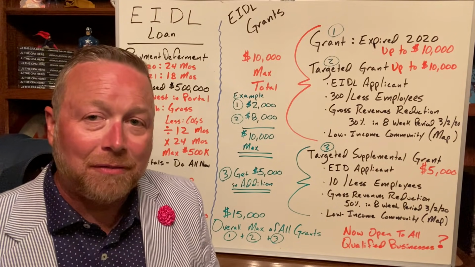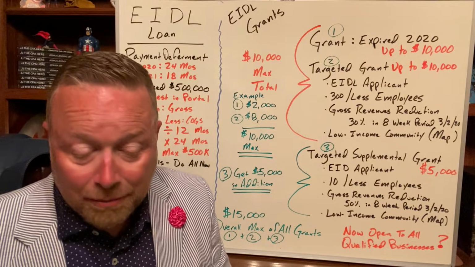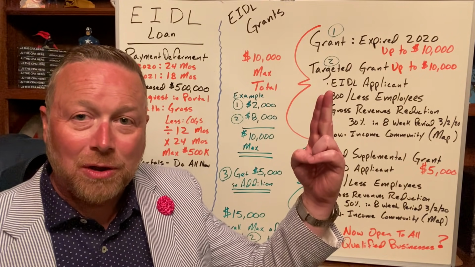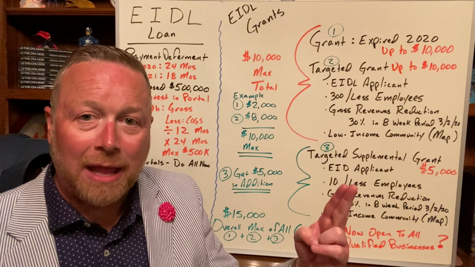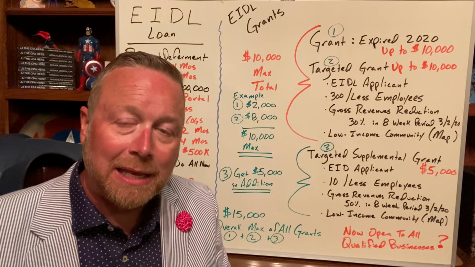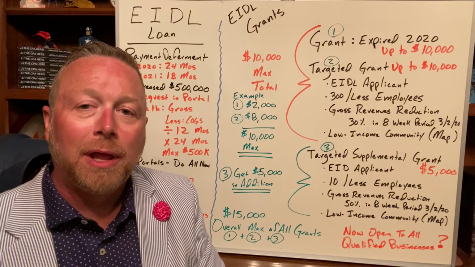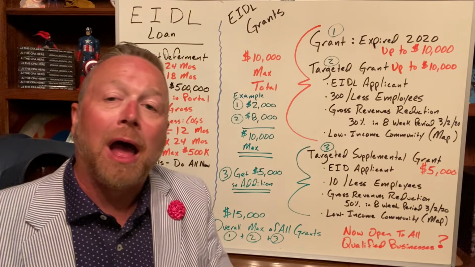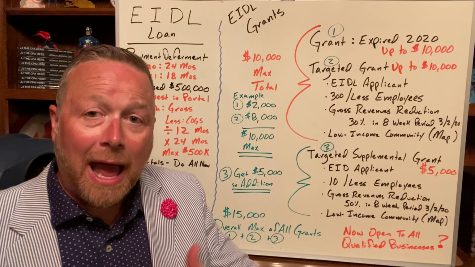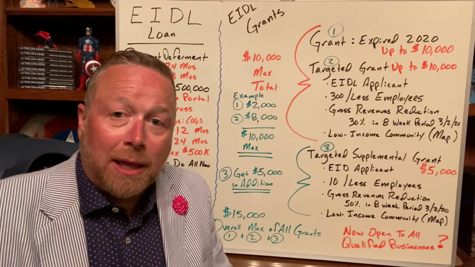And when you read the FAQs, my pretty clear conclusion is the grants that we're talking about here that are now available, the targeted and the supplemental, are only available to those that got an EIDL on or before December 27th.